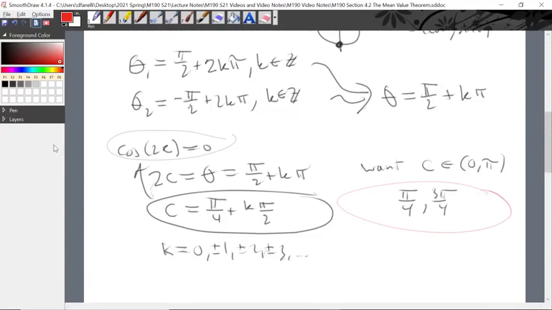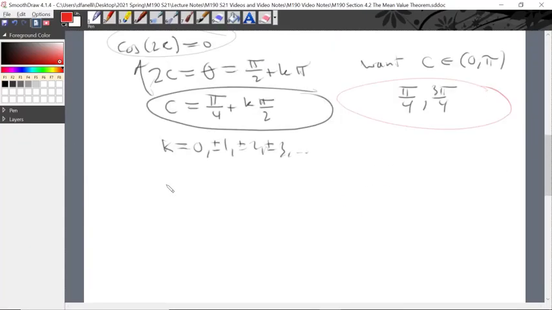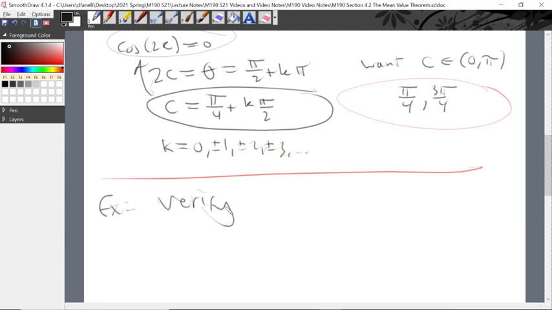Let's try another one for Rolle's theorem from the start. Okay, so same two steps, although the first step really has 3 steps in it. Verify the conditions for Rolle's theorem on the interval.